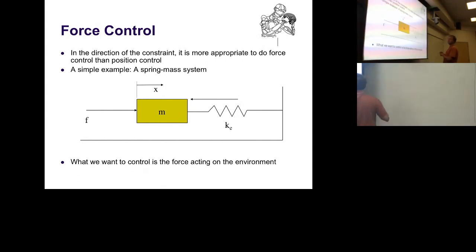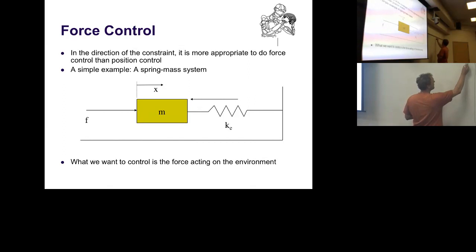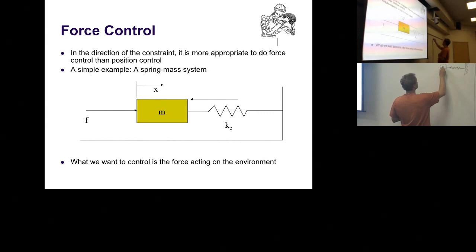Okay, so let me just replicate that picture since I'll refer to that for a while. So we have a wall, then we have a spring, then we have a mass, and we have a force pushing here.